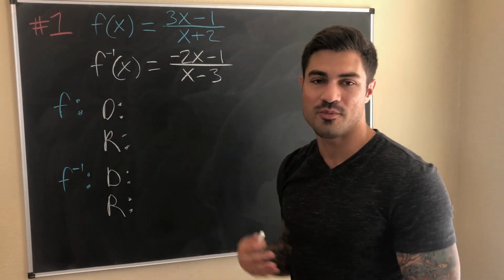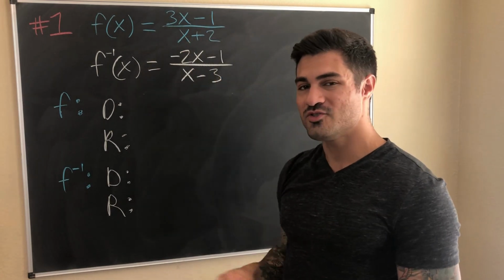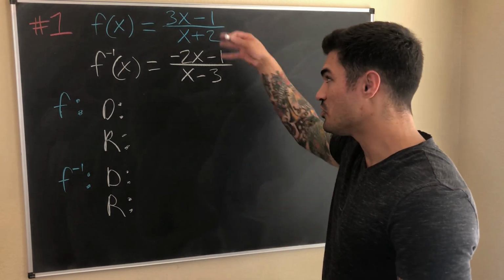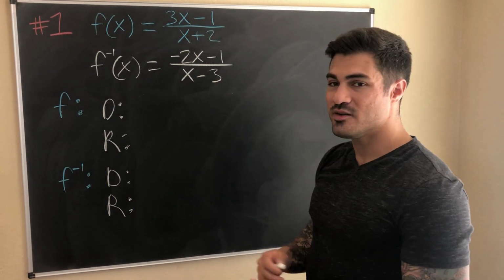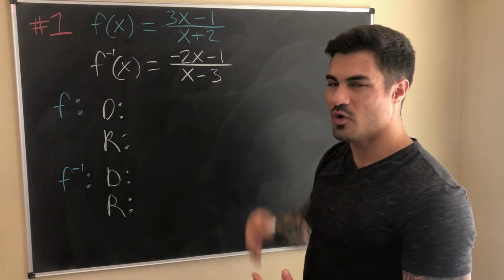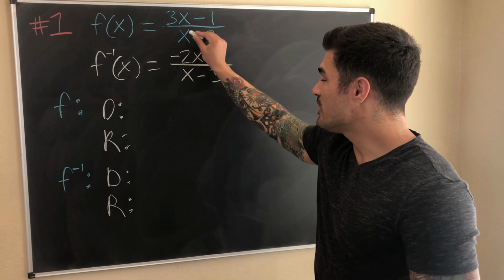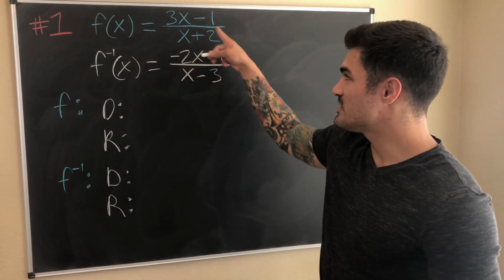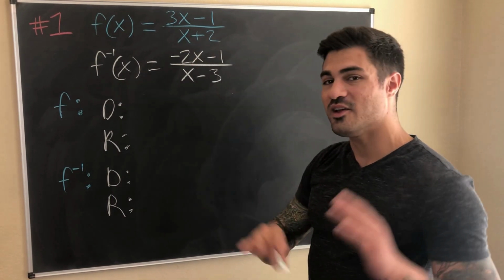It's just knowing these domains, because in my opinion, it's a lot easier to find domain than it is to find range. Range is a little more conceptual. Domain is pretty easy. You can probably find it by just looking at these two, right? And to find domain, we just look at a function, we think of what can't I plug into this function? What doesn't work? We know we can't have 0 in the denominator, so whatever I plug in, it can't have a 0 in the denominator. Negative 2 makes the denominator 0, so we have to exclude negative 2 from the domain, but anything else works.